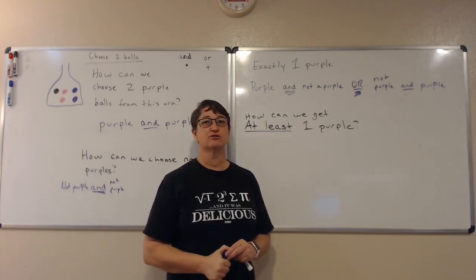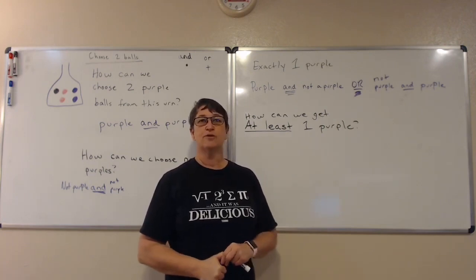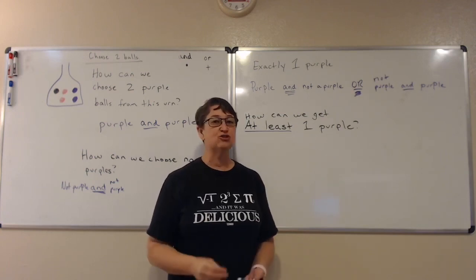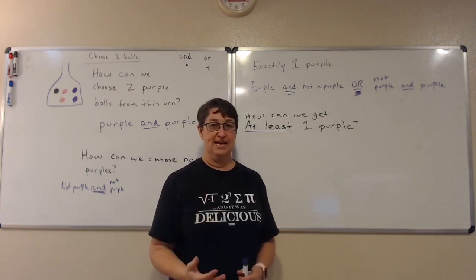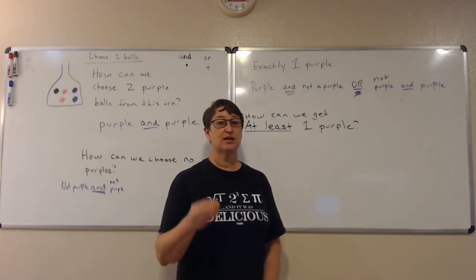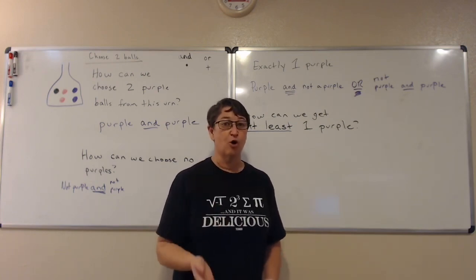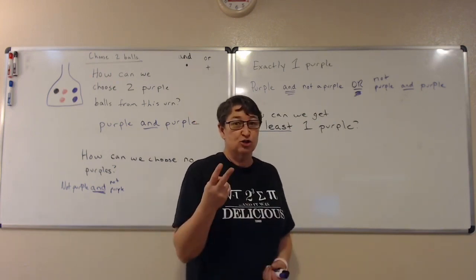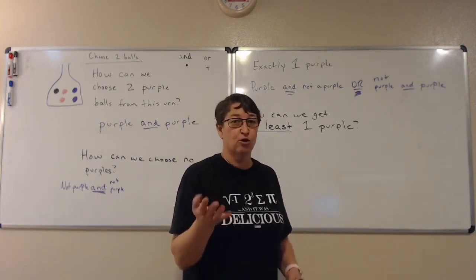If my doctor says I need to take at least, or drink at least 2 bottles of water a day, then my doctor is telling me that I need to drink 2 bottles of water or more. I could drink 2, or I could drink 3 or 4 or 5.